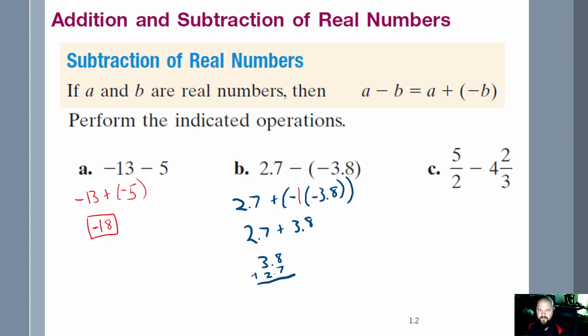Do it. Whatever makes the math work, do it. So 7 plus 8 should give us 15. And then 3 plus 1 is 4, 5, 6. So 6.5. So we should all get 6.5.